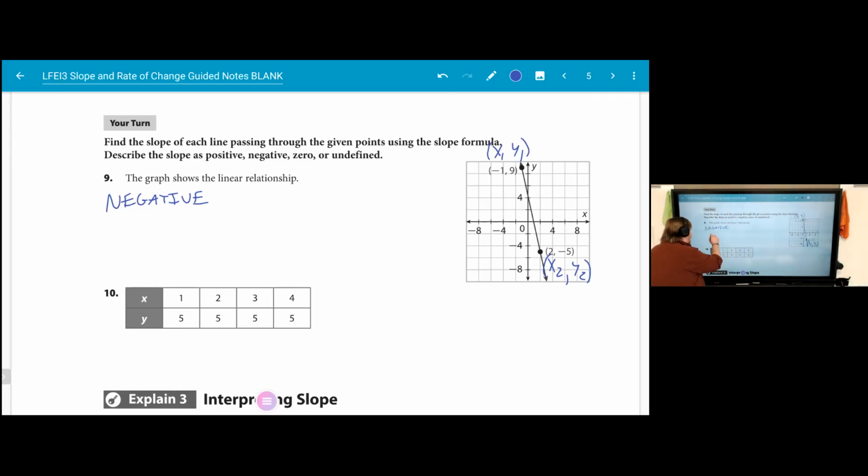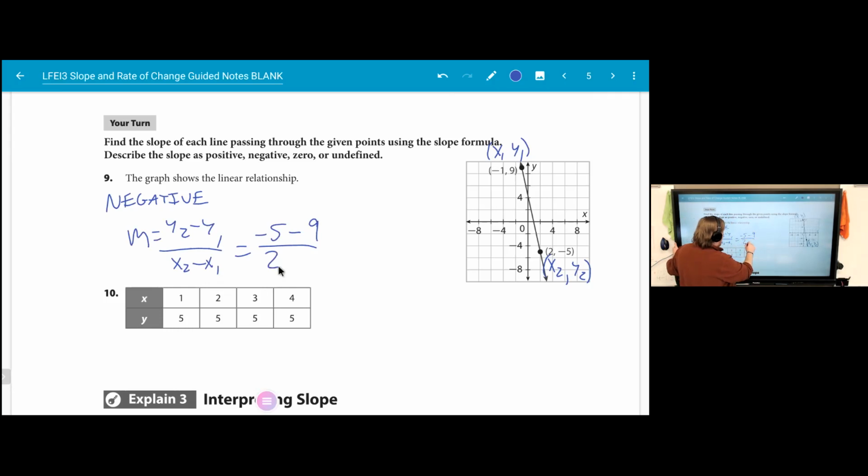My slope m is y2 minus y1 divided by x2 minus x1. y2 is -5 minus y1, which is 9, divided by x2, which is 2, minus x1, which is -1. And from what I can tell, this is -14 divided by 2 plus 1, so -14 divided by 3. Don't take it to a decimal, just leave it like that.